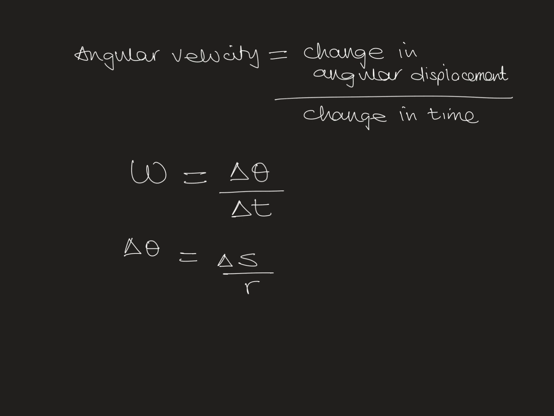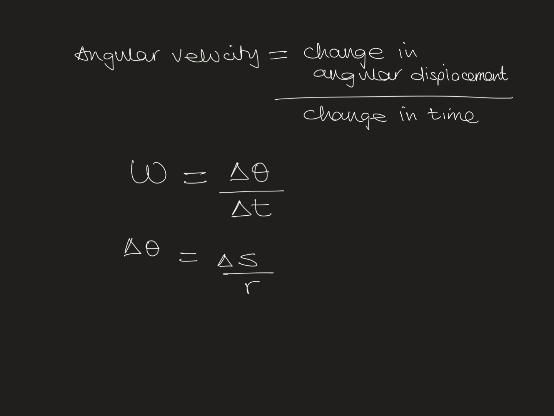If the angular displacement is increasing, it means that the length of the arc will also increase. That is delta S. Remember, the radius R will remain constant if you have a body that is moving with a constant speed. So it means that delta theta, the change in the angular displacement, is equal to the change in the length of the arc divided by the radius of the circle.